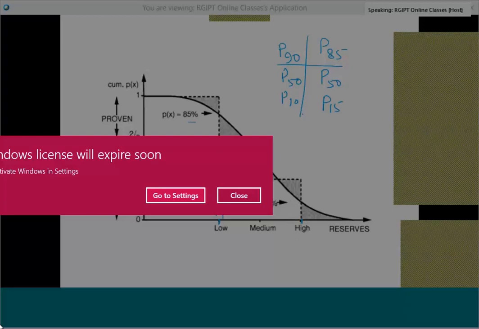And when you have the high case, here it's P15, or in many cases it's P10. So that means you have a 15% chance that you will have more than this reserve, or let's say RH, high case. ठीक है?